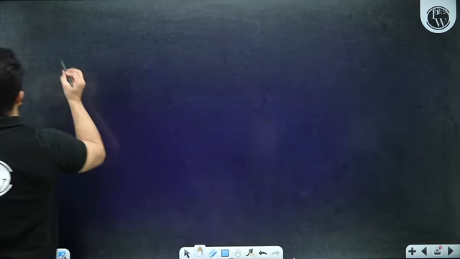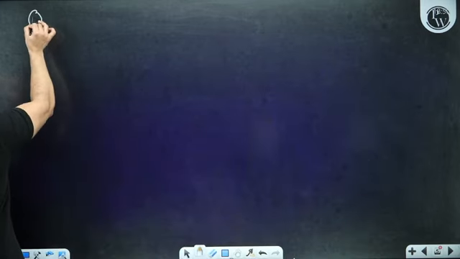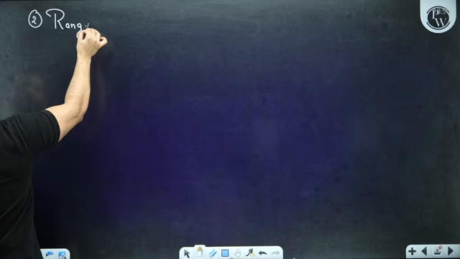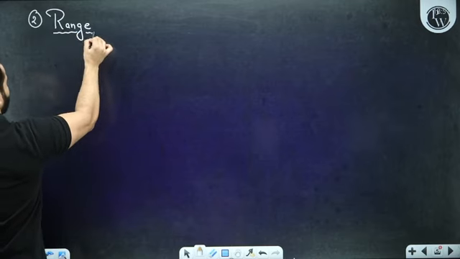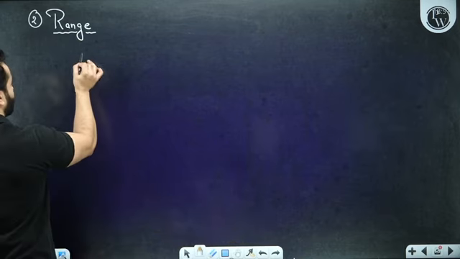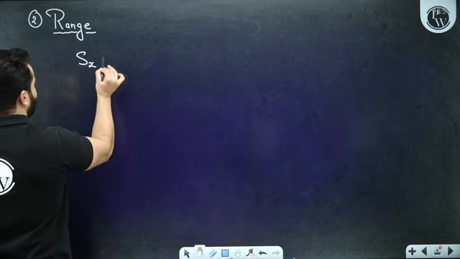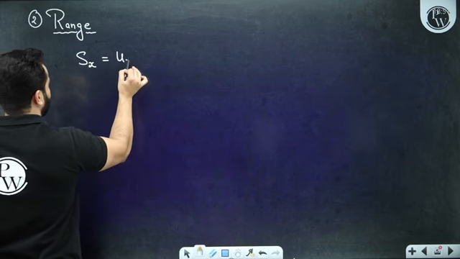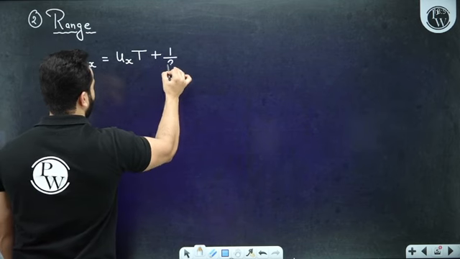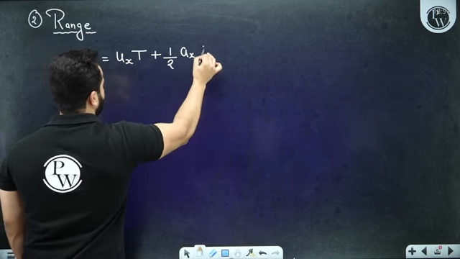Now I have already discussed it. Range is actually the maximum displacement traveled along the x direction. So I'm going to use the second equation, and I'm going to say that the displacement traveled in the x direction will be written as ux times time of flight plus half ax times t square.